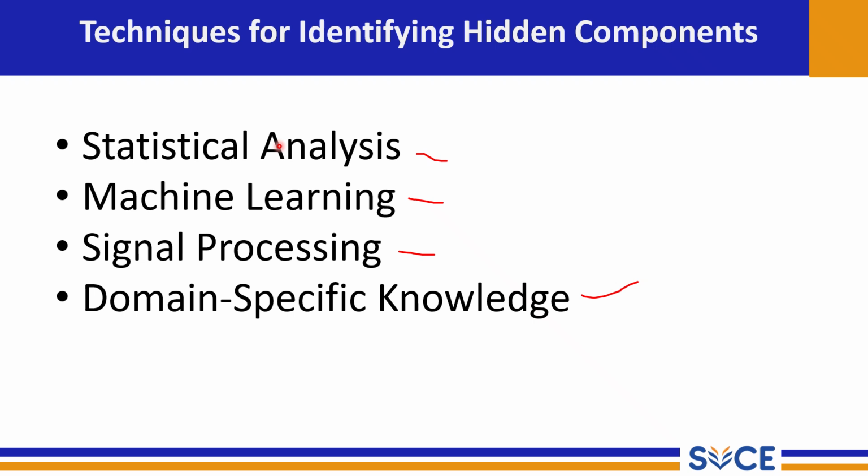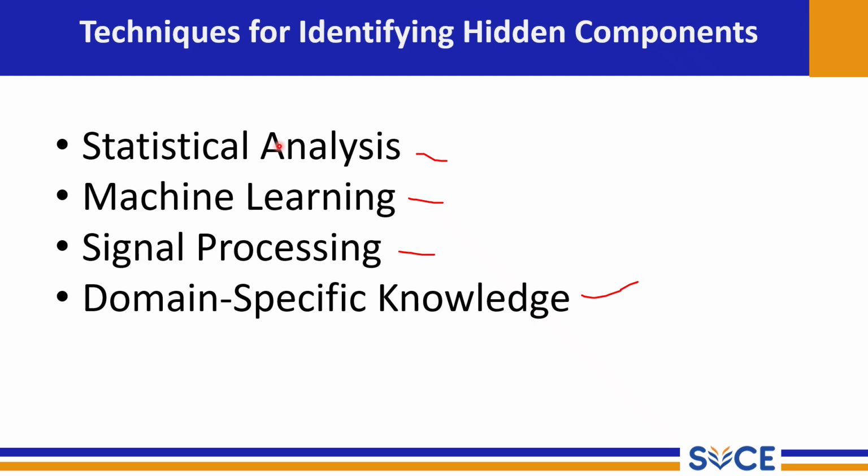Okay, and independent component analysis, that is ICA. ICA is also a technique that separates a multivariate signal into additive subcomponents that are statistically independent. This is particularly useful for separating mixed signals such as audio recordings with multiple speakers.